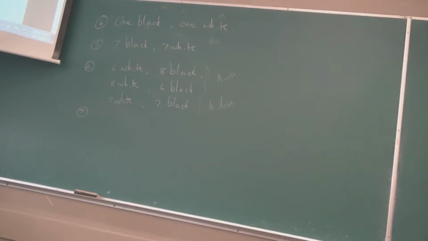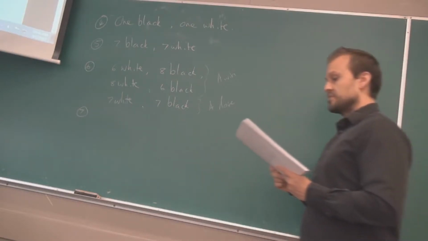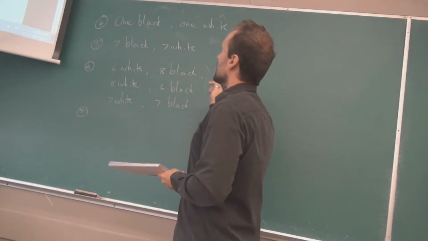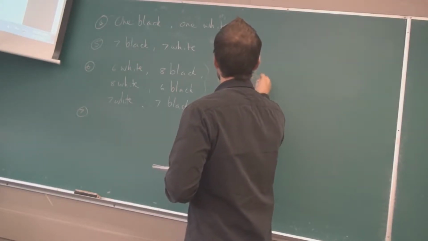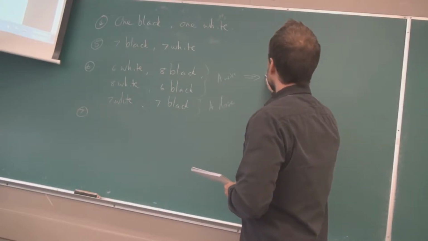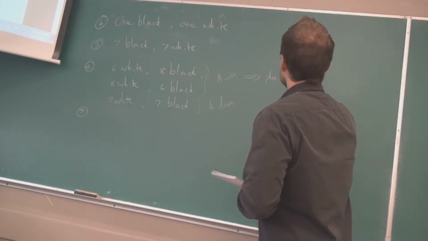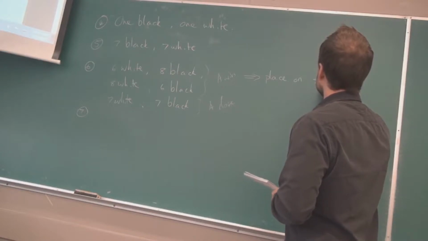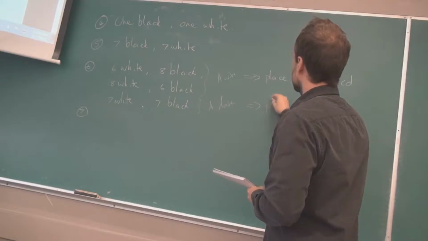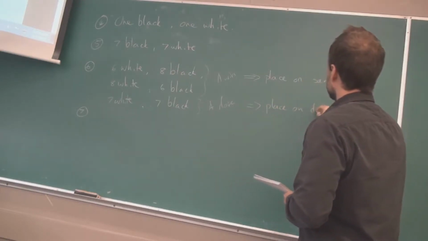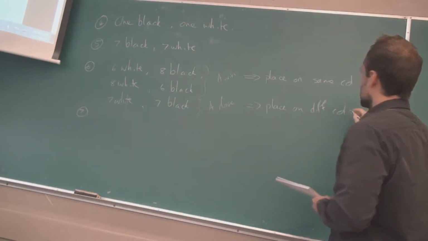7, what kind of reasoning are you using? Well, you conclude from your answers to the previous questions that the rule is: A wins if they place it on the same color, and A loses if they place it on different colors.